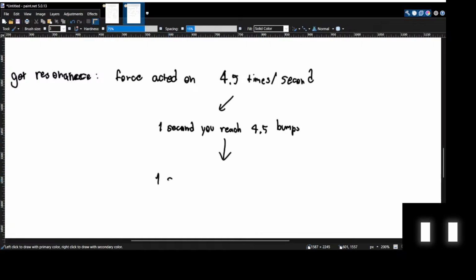So in 1 second you're gonna have to travel 36 meters. Therefore, the velocity at which you must be traveling is 36 meters per second.